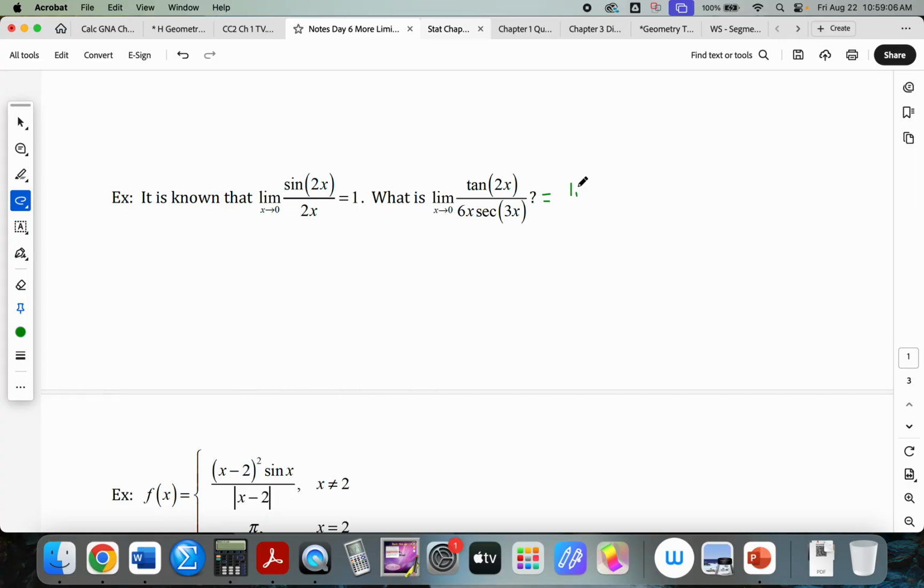So this will be the limit as x goes to 0 of sine of 2x over cosine of 2x, over 6x times secant, which is 1 over cosine of 3x, right? Sorry, 3x.